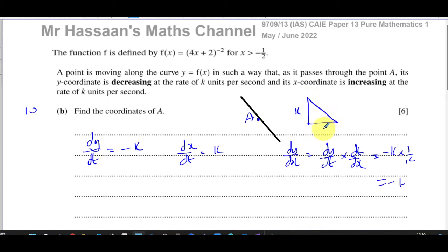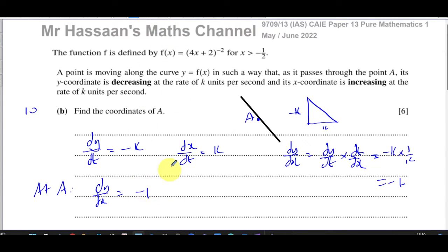It's going to go right by k, so the gradient is going to be negative 1. So we know that dy dx at the point A is negative 1.